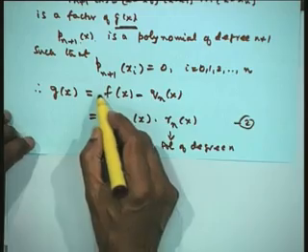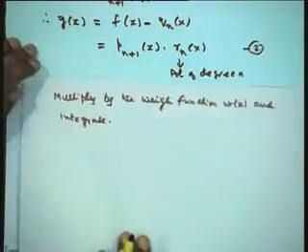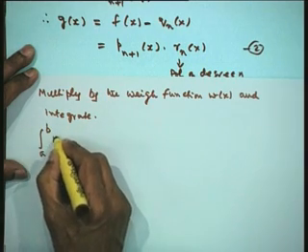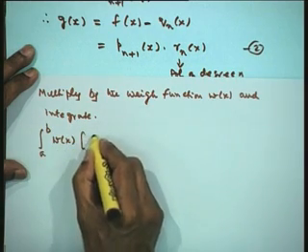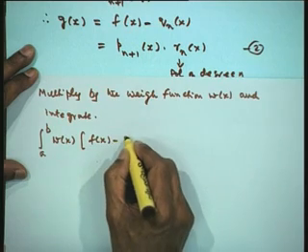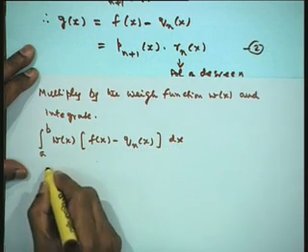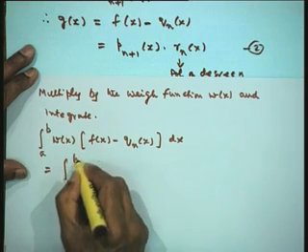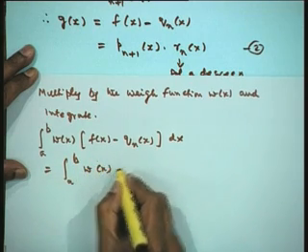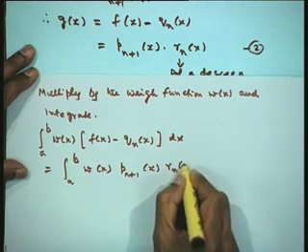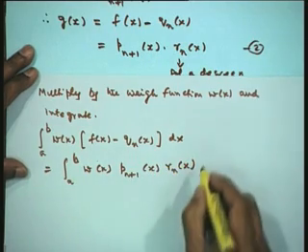I am just multiplying both sides by w(x) and integrating. Therefore, I will have the integral from a to b of w(x) times (f(x) minus qn(x)) dx, and that is equal to the integral from a to b of w(x) P_{n+1}(x) rn(x) dx.